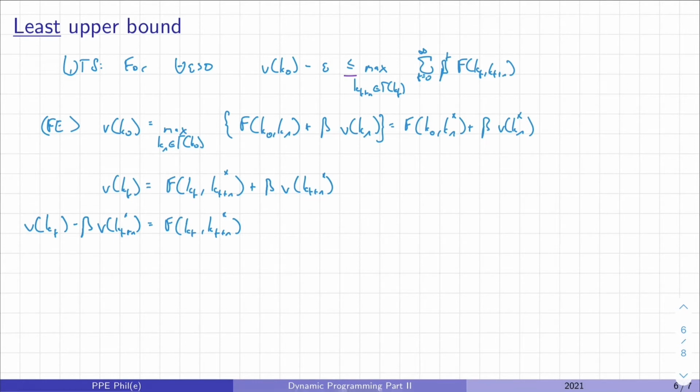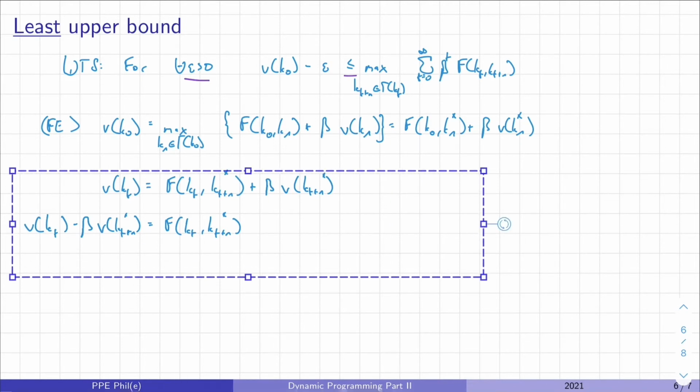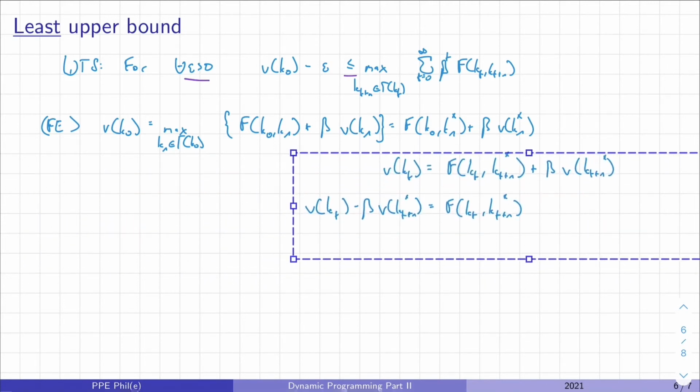So we need to subtract something, and remember that we defined this value but we haven't used it yet. So let's make use of it. I am going to move them to the other side because it just feels a bit more natural.